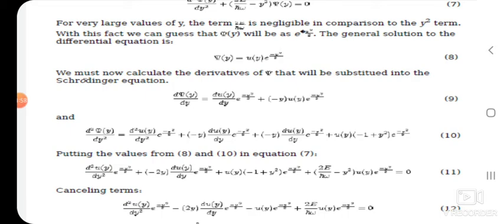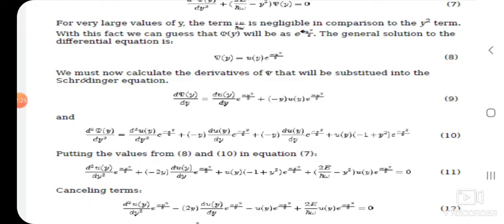Because when differentiating the second time, dou u by dou y also depends on y, and e to the power of minus y square by 2 is also differentiable with y. Means we have to use the UV method for both first and second terms of the right hand side. It gives 4 different terms.